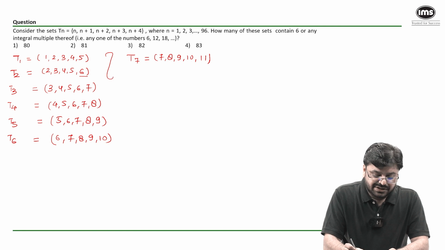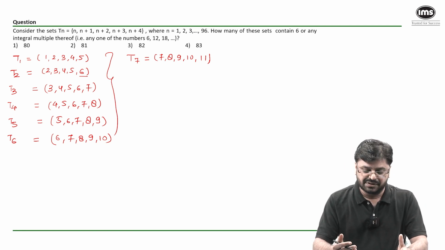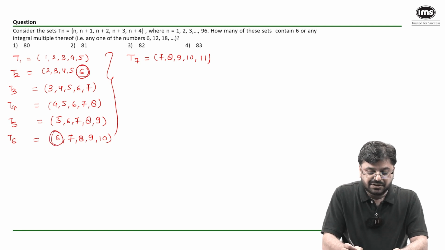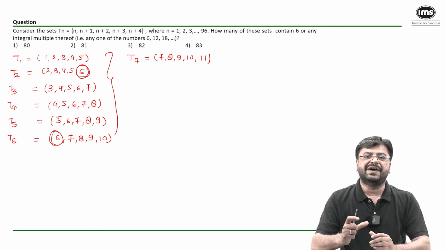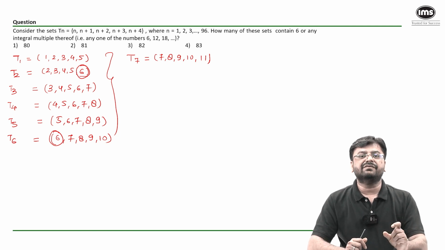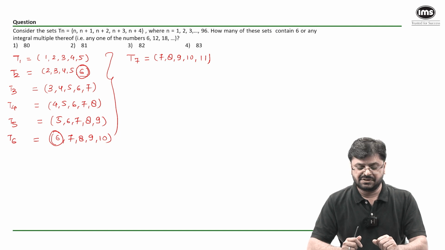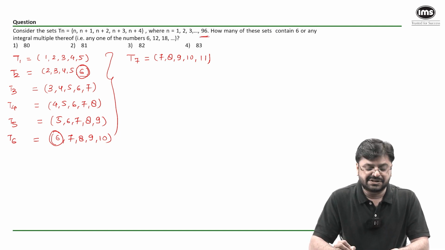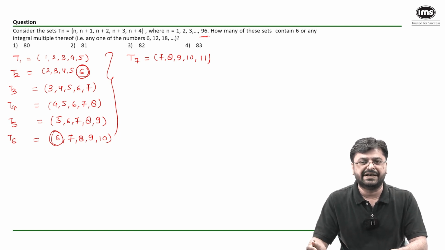So this way you can check the pattern that out of every 6 sets, there will be 5 sets in which one of the numbers will be a multiple of 6. In all there will be 96 such sets, because we are placing n equal to 1, 2, 3, 4, 5 till 96.